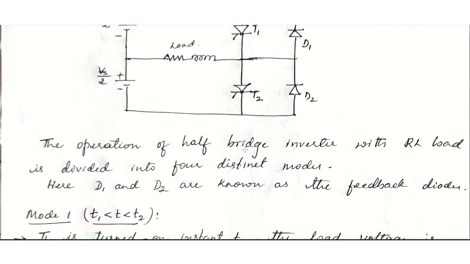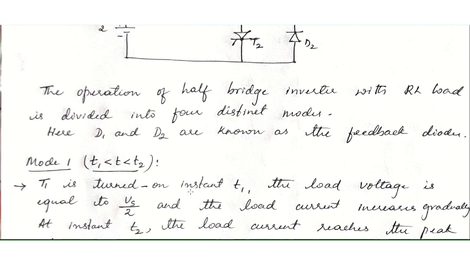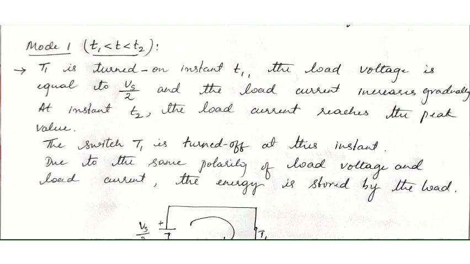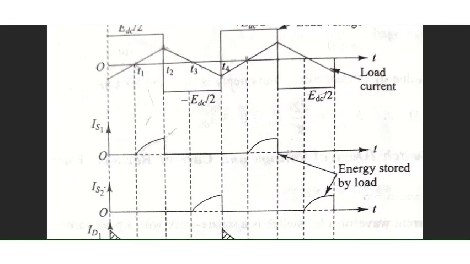Based on that, this half bridge inverter can be understood by four distinct modes. We will divide the operation of this circuit with RL load for the time duration from 0 to T1, T2, T3, T4. Let me show you the waveform of the circuit here.